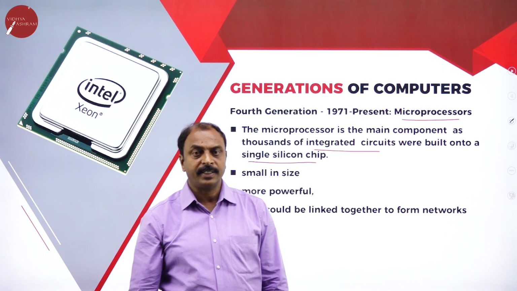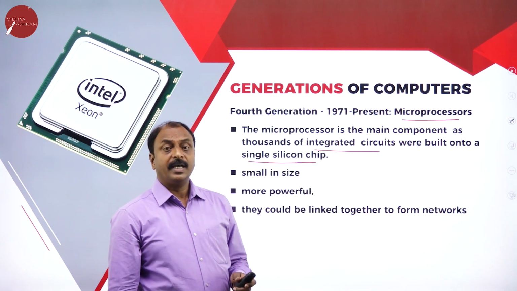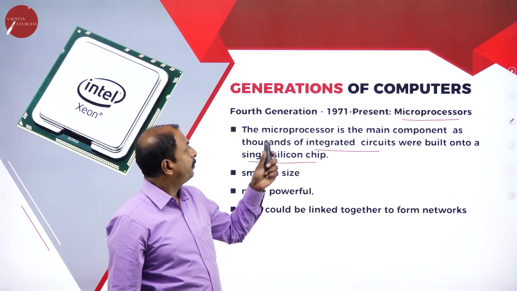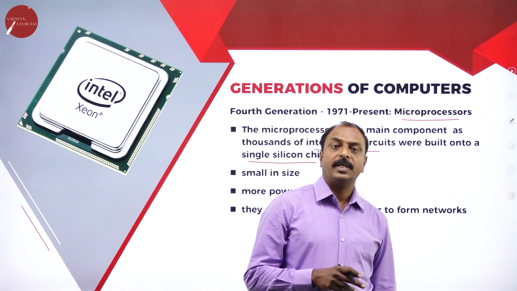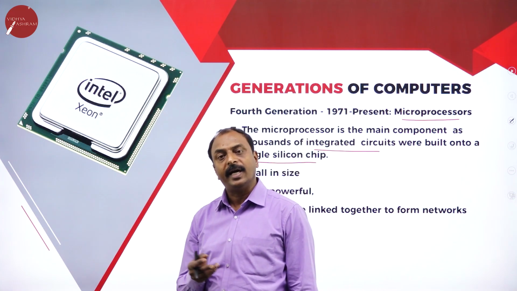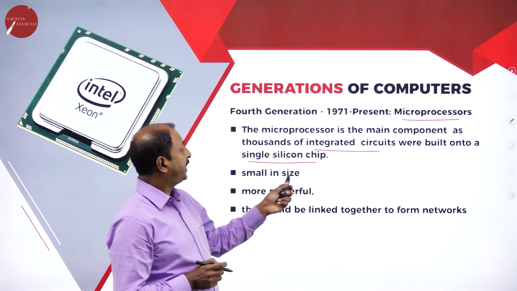It is an electronic device made up of thousands of IC circuits, to form one single microprocessor. Now you can imagine how efficient it is as compared to transistors as well as ICs. Because of this, the size has come down.